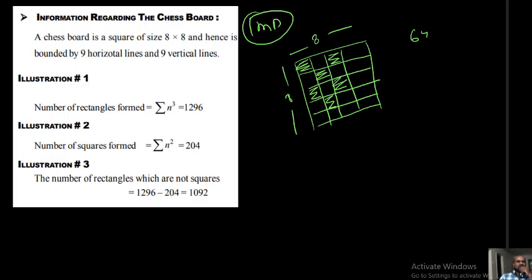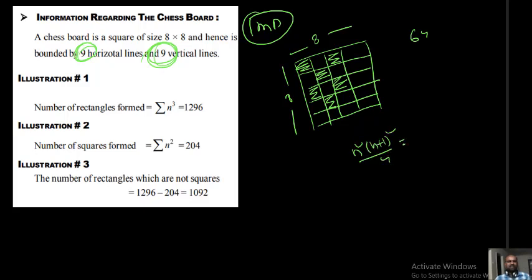Okay students, so what happened here? 9 horizontal lines and 9 vertical lines are there. A chessboard is a square of size 8 into 8, and hence it is bounded by 9 horizontal and 9 vertical lines. What is the formula for the number of rectangles? N square into n plus 1 whole square by 4.